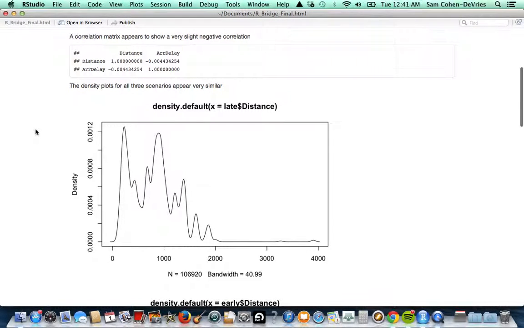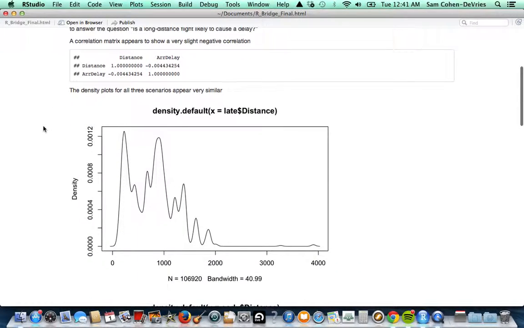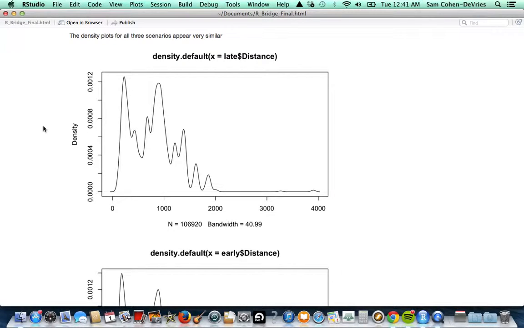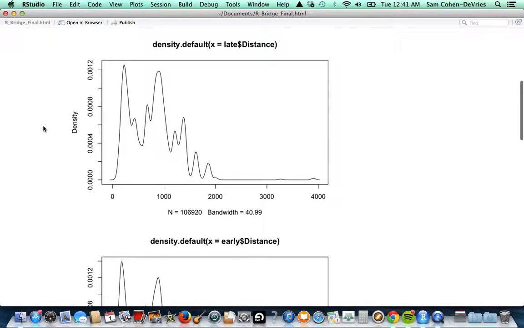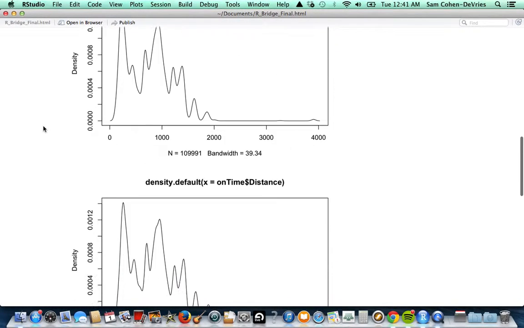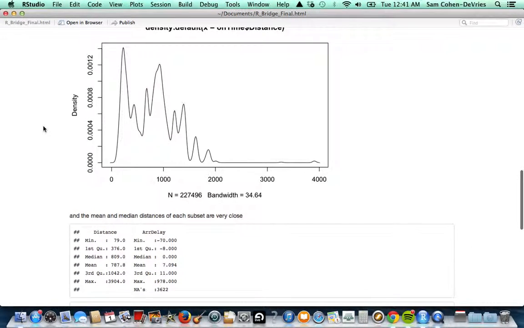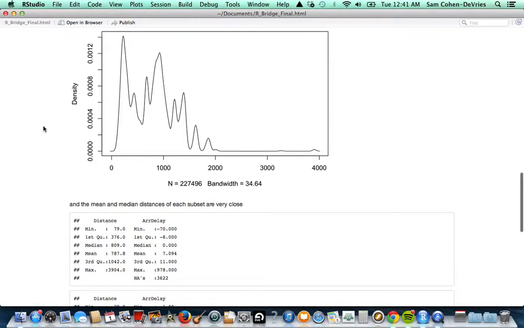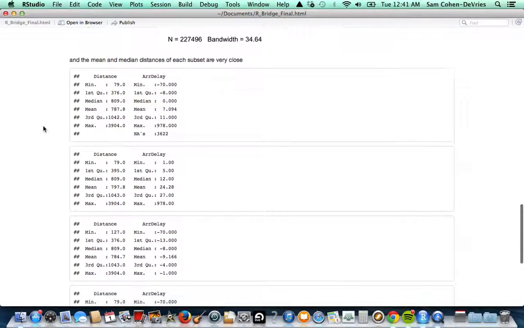And then I wanted to compare, like I said, late arrivals, early arrivals, and on-time arrivals. Visually, I used density plots, and if you look at the three for late, early, and on time, they're actually quite similar. So the density plots don't really lend much support for a difference in arrival time for different distances.